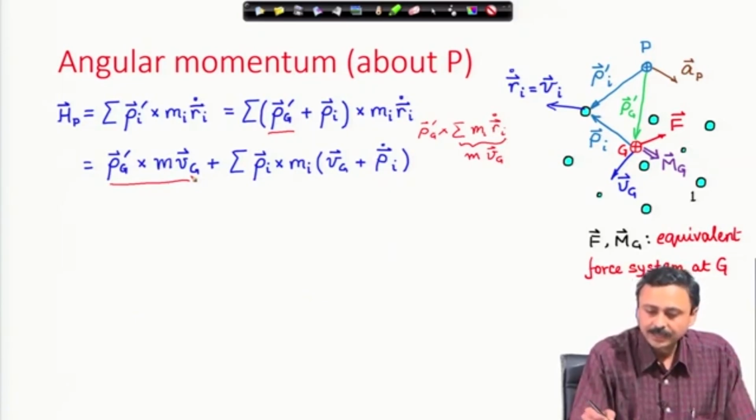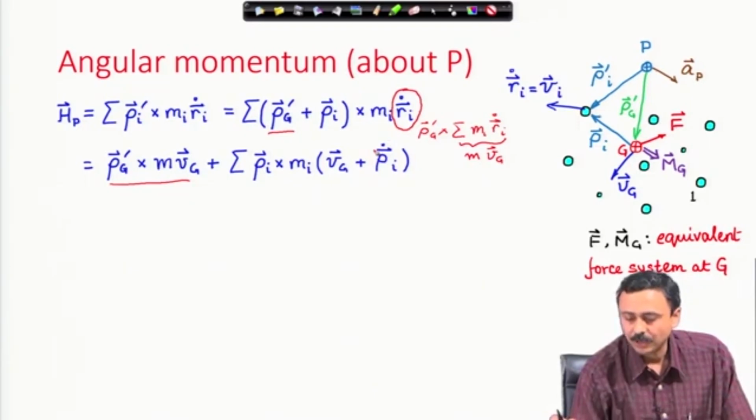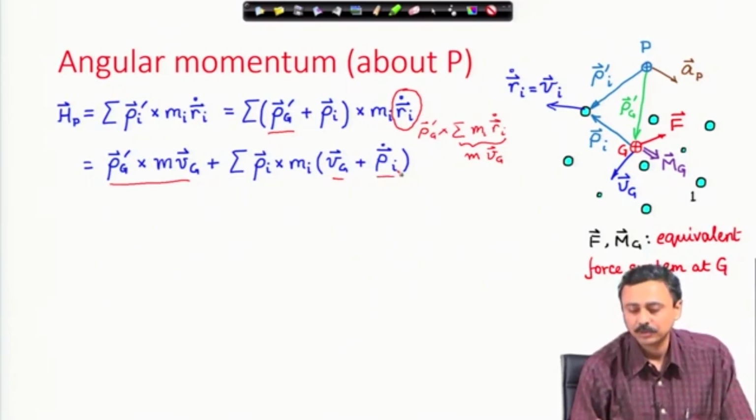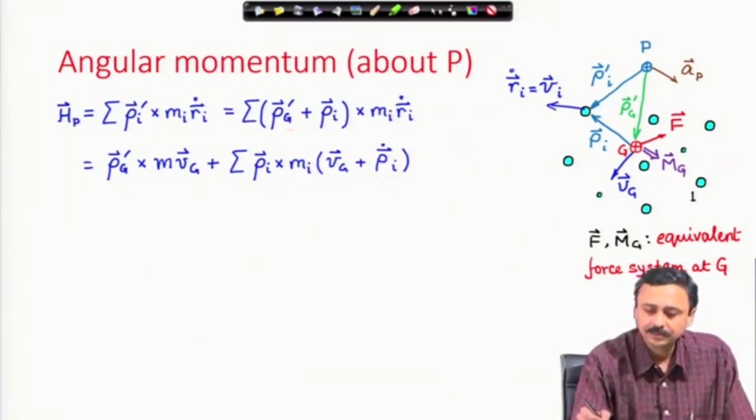When I write the second term, I make another replacement. r i dot I write as velocity of the center of mass plus the relative velocity about the center of mass, and that is how I get the second term.